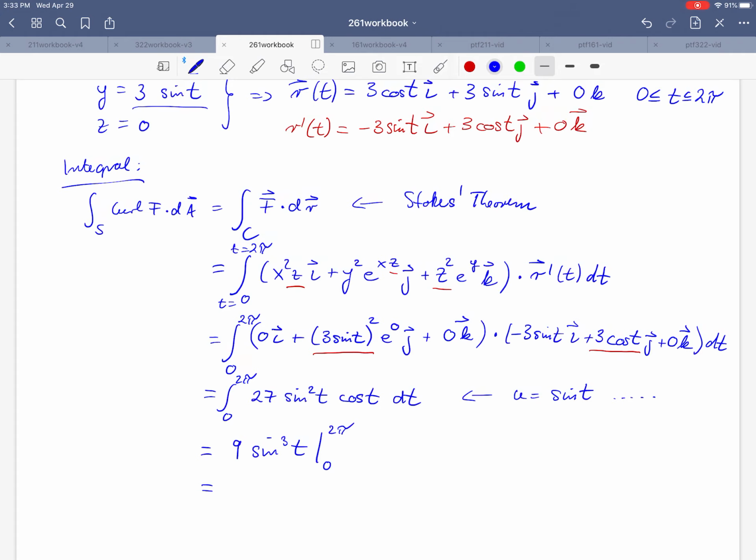And when we substitute 2 pi and 0 into our antiderivative, we have 9 sine cubed of 2 pi minus 9 sine cubed of 0, and all this work to get 0. Oh well. All right, so the moral of the story is our surface integral right here is going to be 0. How about that?